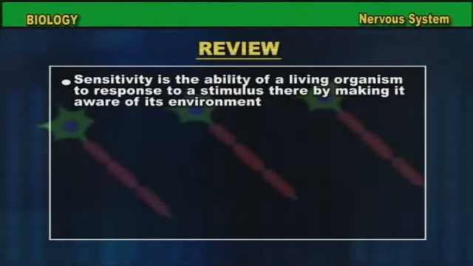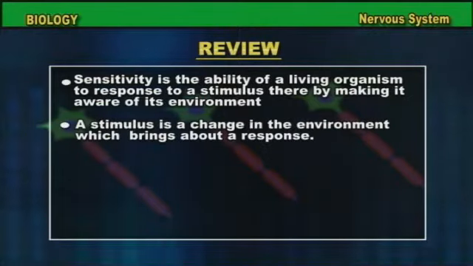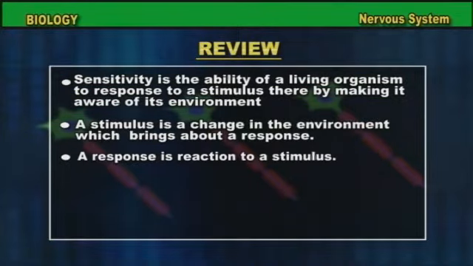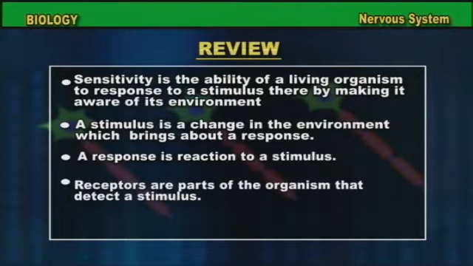Let us review. Sensitivity is the ability of an organism to respond to a stimulus, thereby making it aware of its environment. A stimulus is a change in the environment which brings about a response. A response is a reaction to a stimulus. Receptors are parts of the organism that detect a stimulus.